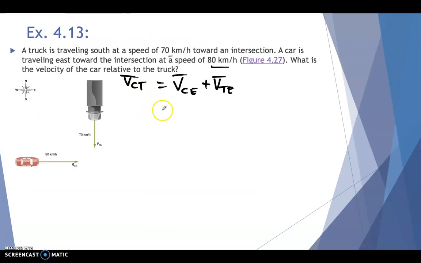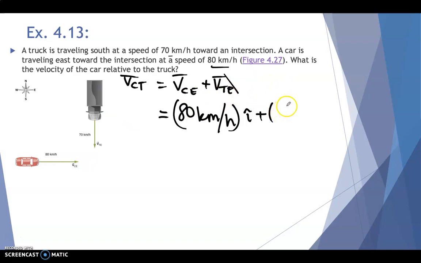So I would say we have the car, 80 kilometers per hour in the i-hat direction, plus the truck traveling in the south direction.